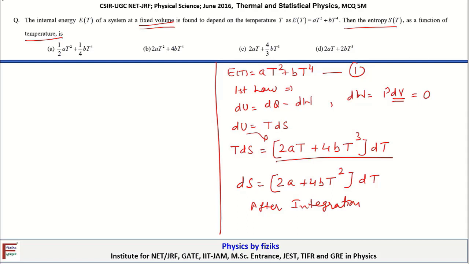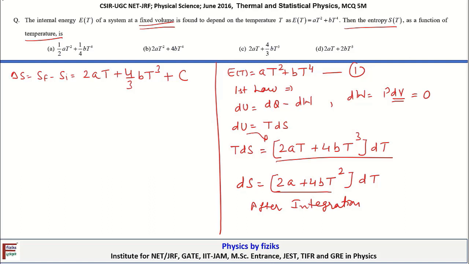Then after integration we obtain delta S, that is S final minus S initial, equal to 2AT plus 4/3 BT cube plus some constant of integration.